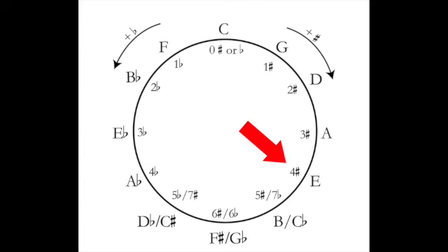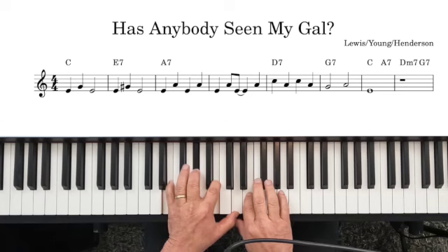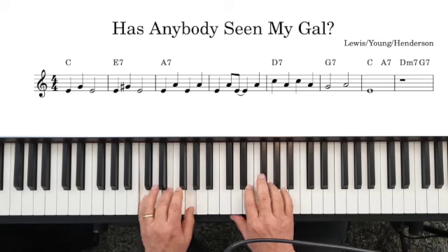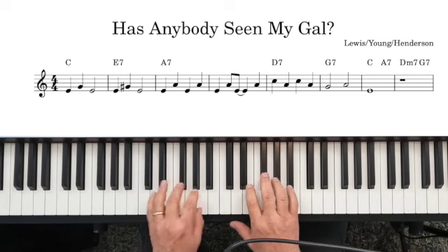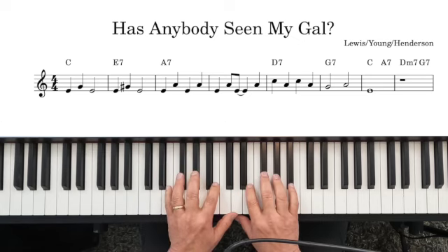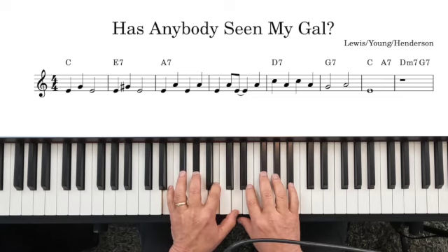This takes us out a ways on the circle of fifths, as you can see. So we've started at home on C, and all of a sudden we're over here in the country of E7. And so we've got to work our way back to C. How do we do that? We start going back on the circle of fifths.